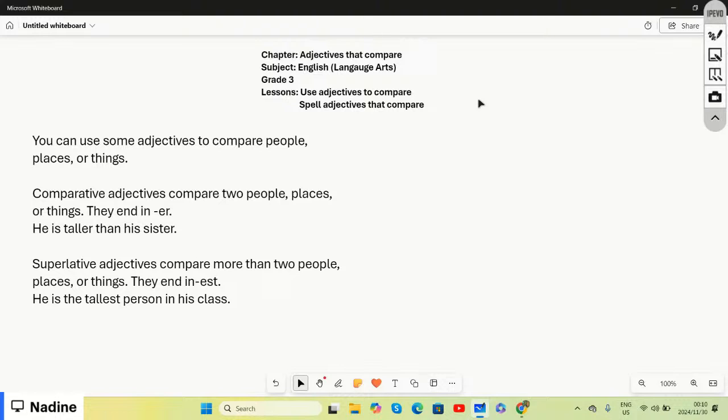I don't know why it's like that, seriously. That is why I went out of it and I restarted it again. I thought the name was going to come on, which is adjectives that compare grade three.